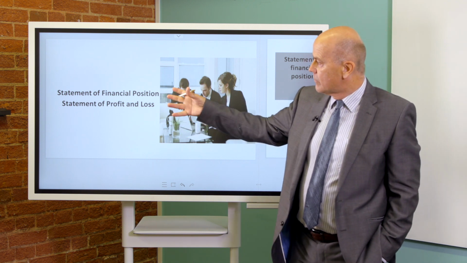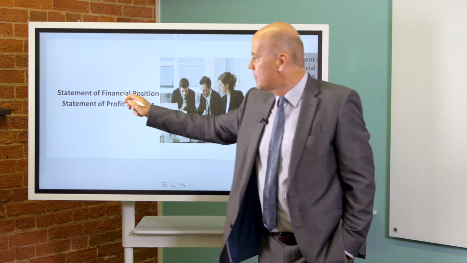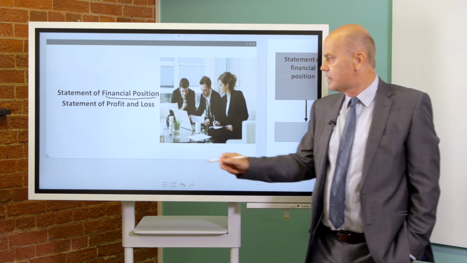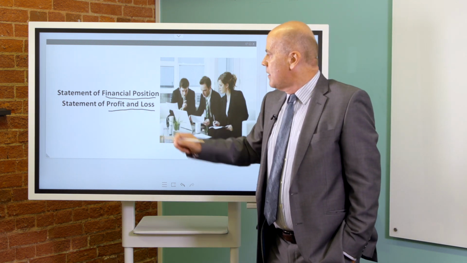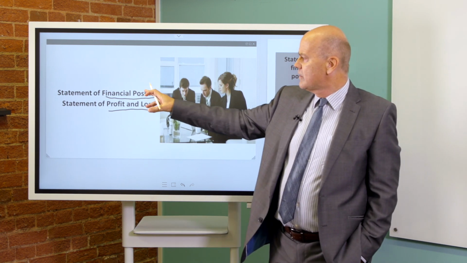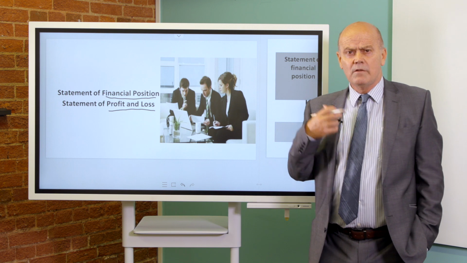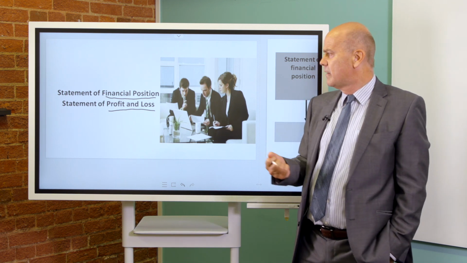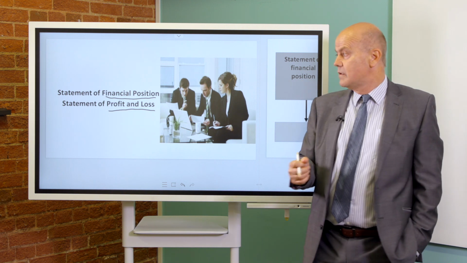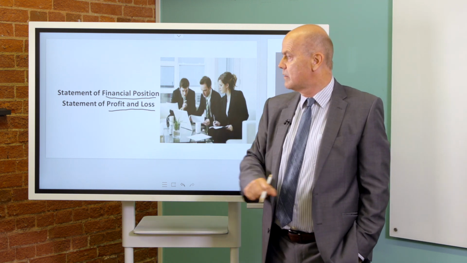So these are the two important statements here: the statement of financial position and the statement of profit and loss. Now, they have different names. The statement of financial position was originally called the balance sheet, but this changed a few years ago, and now officially it's called the statement of financial position.